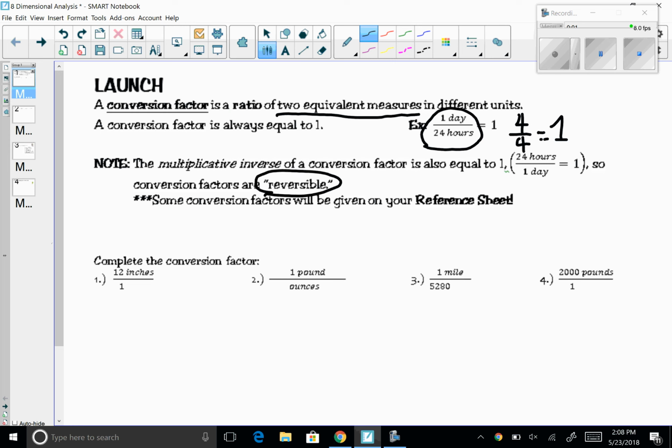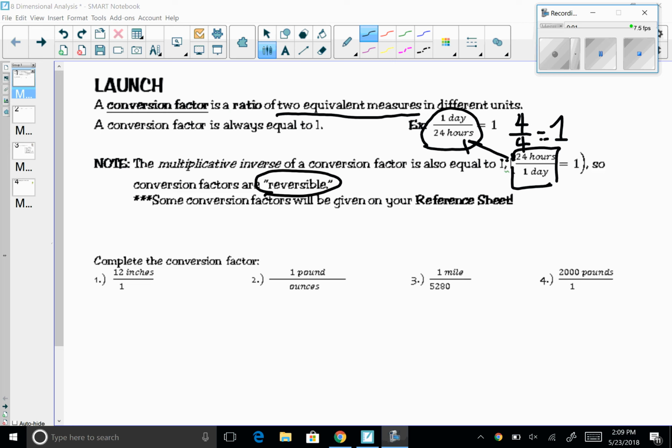It doesn't matter which unit goes on top and which unit goes on the bottom. So for example, 24 hours and 1 day can be written in either order. We're going to complete each of the following conversion factors either from our common knowledge or from a reference sheet.